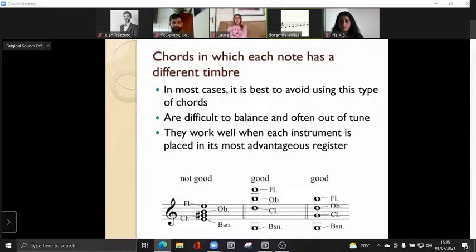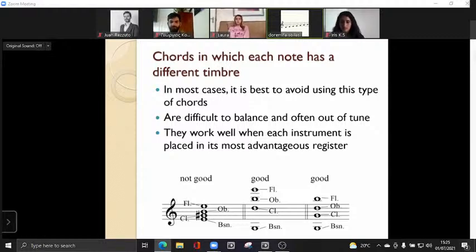The title is Chords in which each note has a different timbre. It says, in most cases, it is best to avoid using this type of chord because they are heterogeneous.